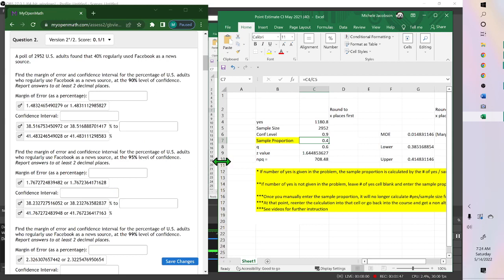Then to find the 95%, you go back to confidence level and put 0.95. Then the answers change. And then for the last one, 0.99. And so that would be each of your values.